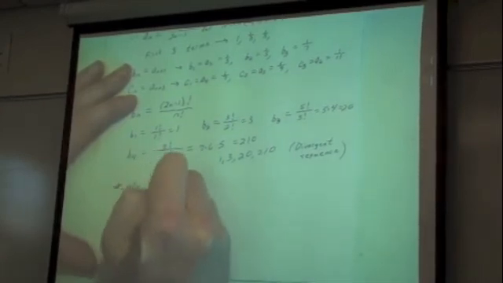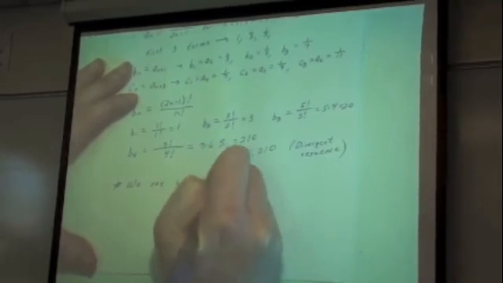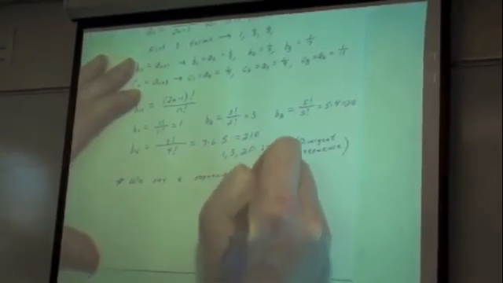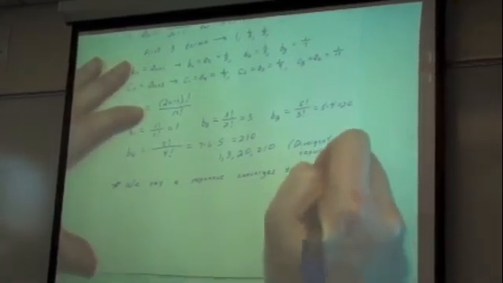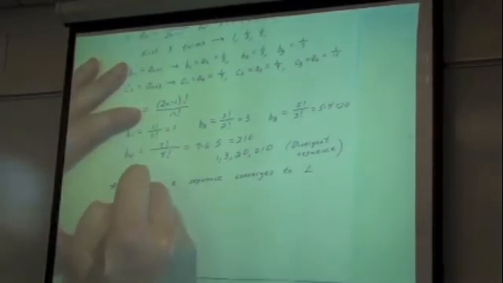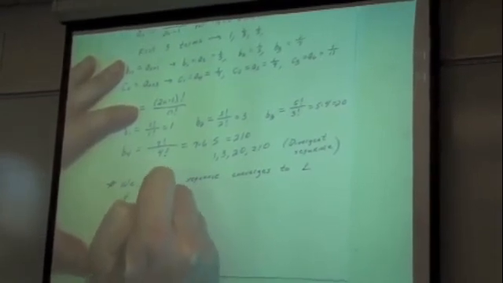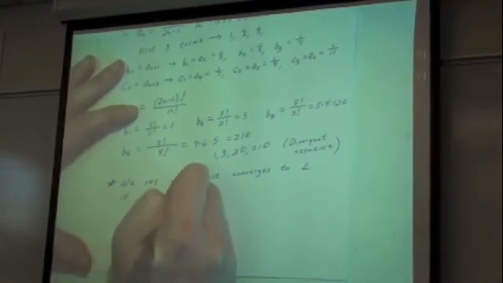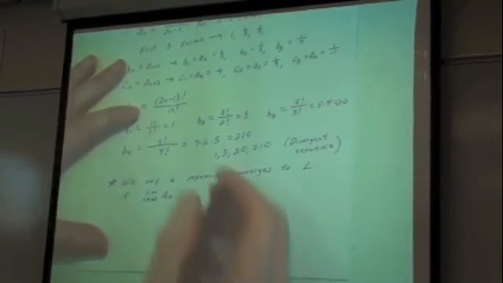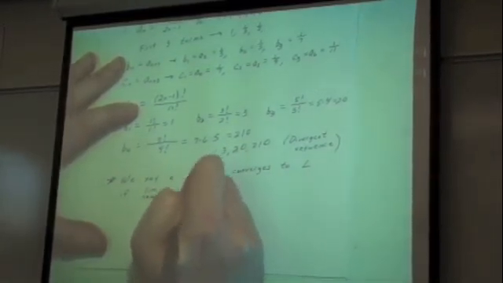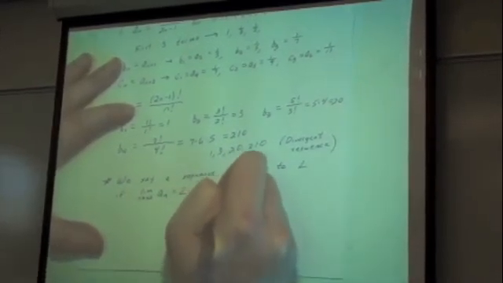We say a sequence converges to L if the limit as n approaches infinity of a sub n, and a sub n is just the general term of the sequence, is equal to some number L. Otherwise, it diverges.